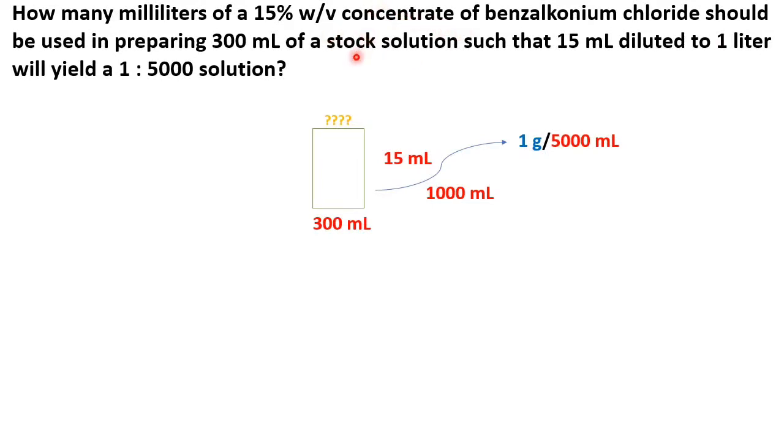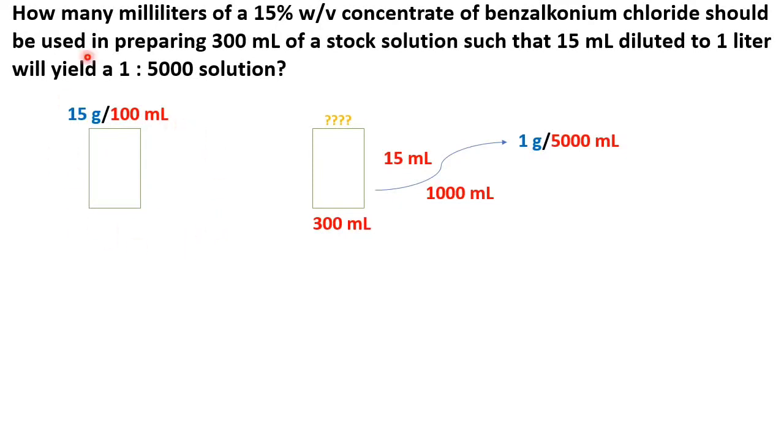This stock solution concentration is 15% weight per volume. 15% weight per volume means 15 grams per 100 milliliters. Okay, so the stock solution concentration is 15 grams per 100 milliliters.